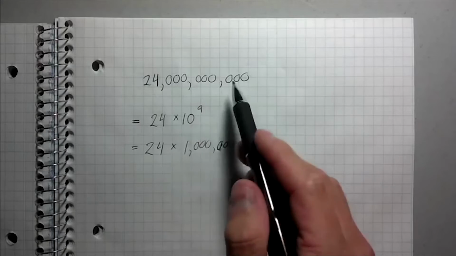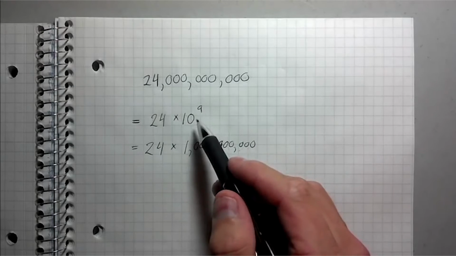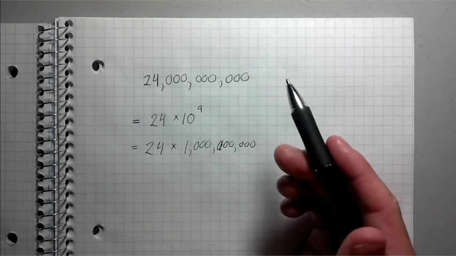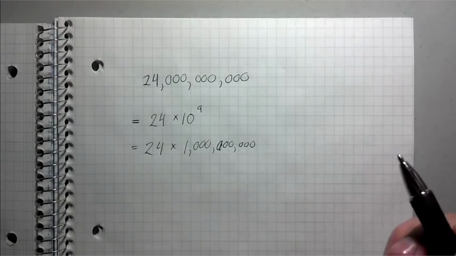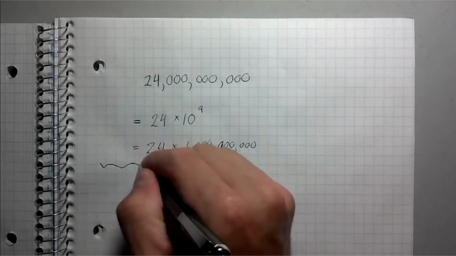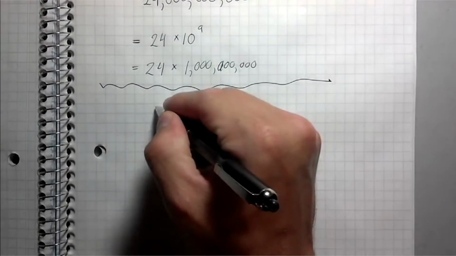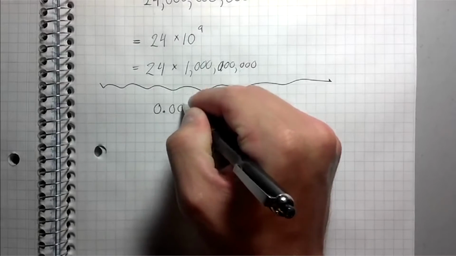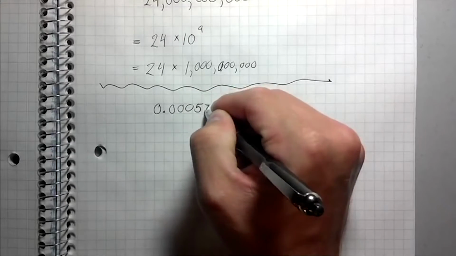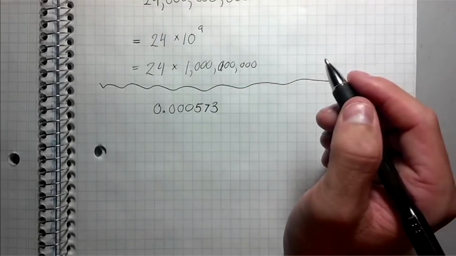All right. So this is when you use it for really big numbers. Now what about really small numbers? It actually works the same way. So let's say I had a number like 0.000573.